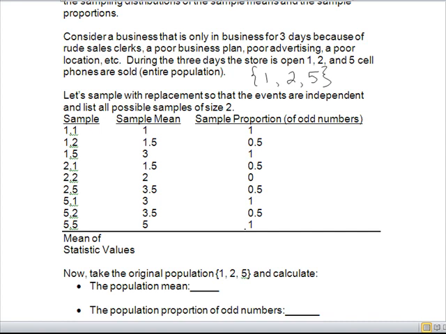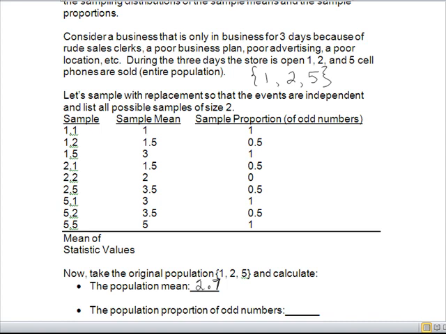If we look at the population proportion of odd numbers, we have 2 odd numbers out of 3, so that would be 2/3 or 0.667.